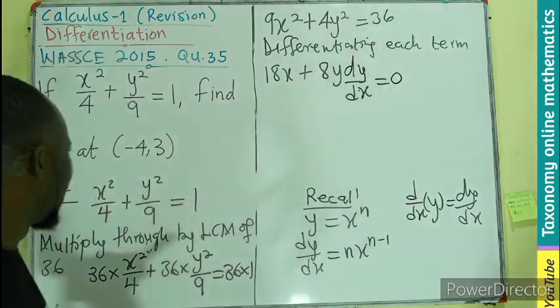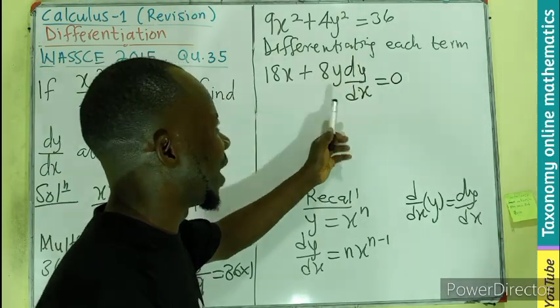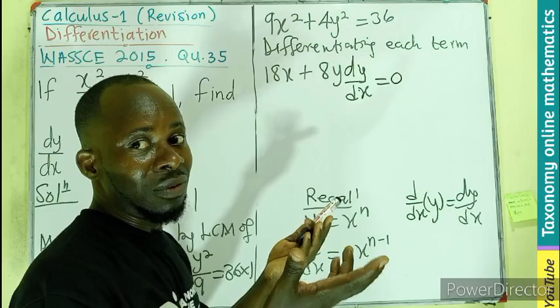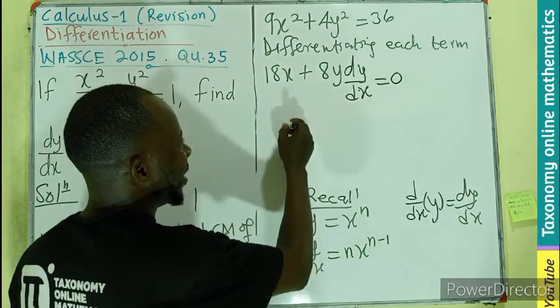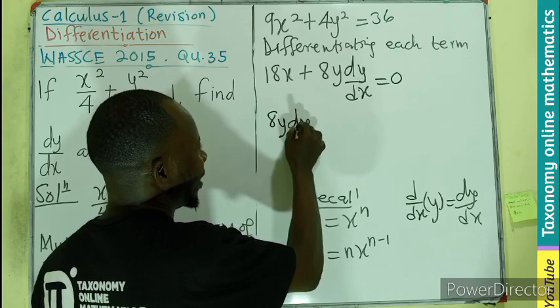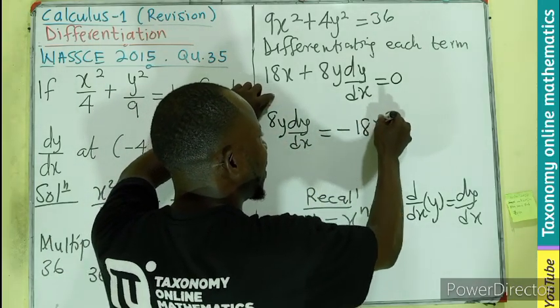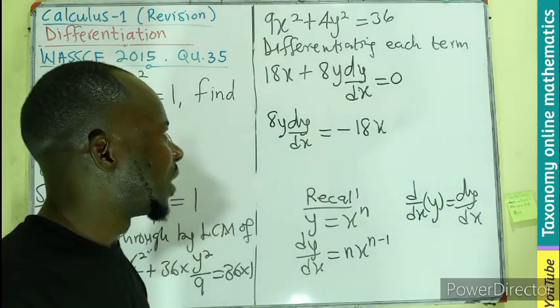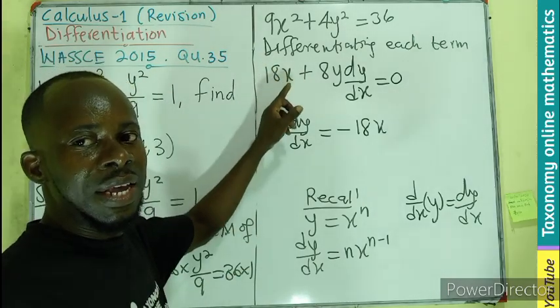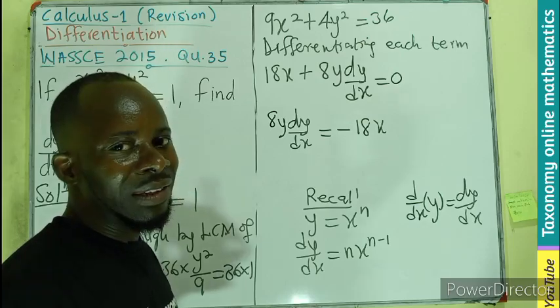So now the attention is on dy/dx. I can see dy/dx here. So let's group like terms. I'll be maintaining my 8y dy/dx equals minus 18x. You see that this is a positive 18. When it's transposed to the right, it becomes negative.